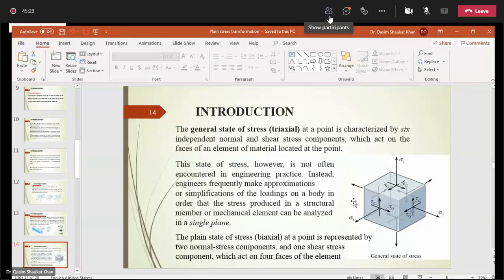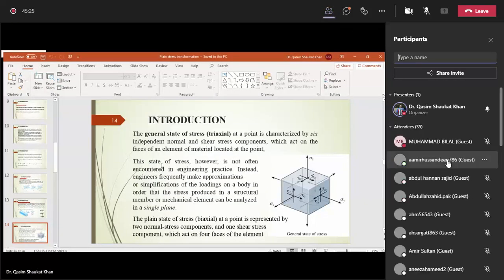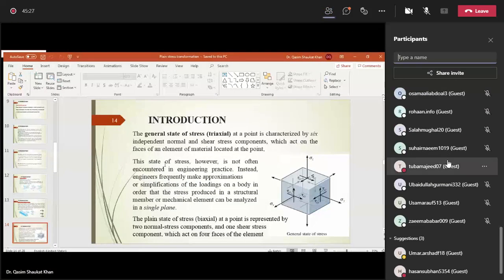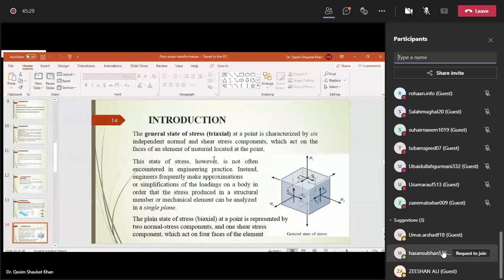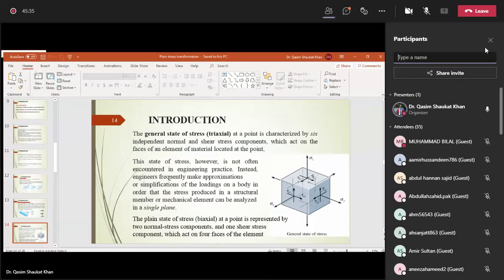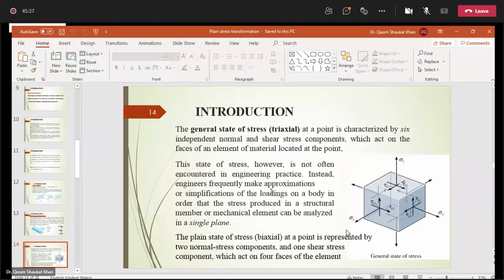So I will just repeat about this. The general state of the stress, which is triaxial state of the stress, is not often encountered in engineering practice. Instead, engineers frequently make approximations or simplifications of the loadings on a body in an order that the stress produced in a member or mechanical element can be analyzed in a single plane.